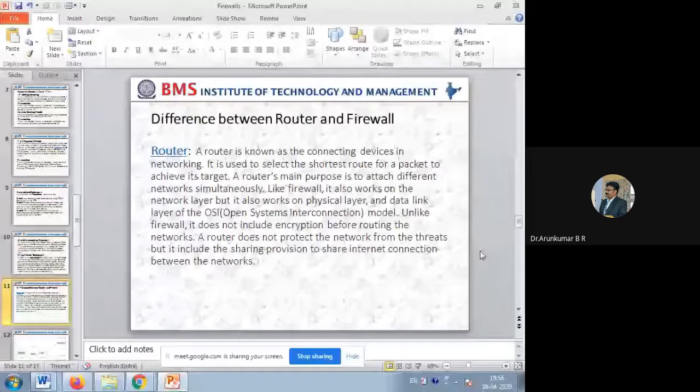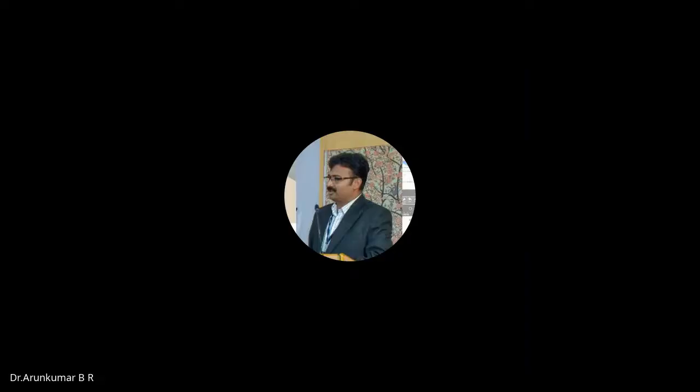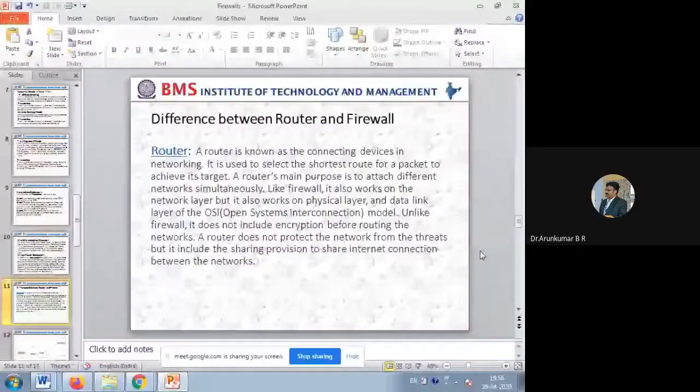A router is used to select the shortest route for a packet to reach its target. It should be shortest, but shortest need not be the physically shortest distance. Shortest in the sense that it is an optimal one. If enough bandwidth is available on the route for your packet as per the application requirement, then also it is the shortest path.